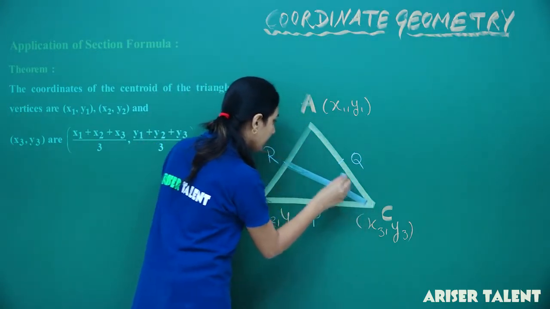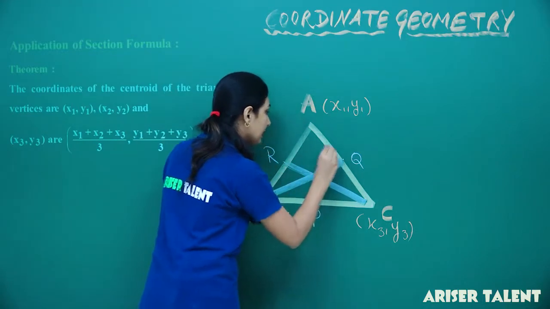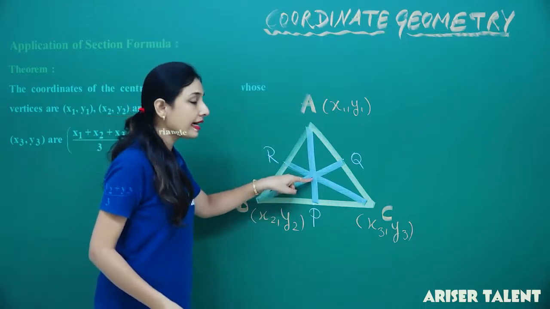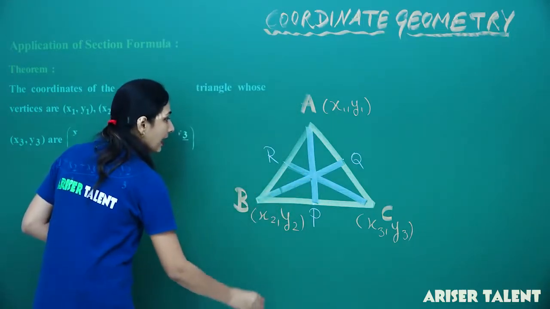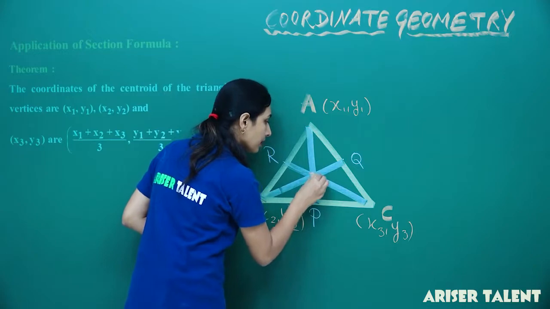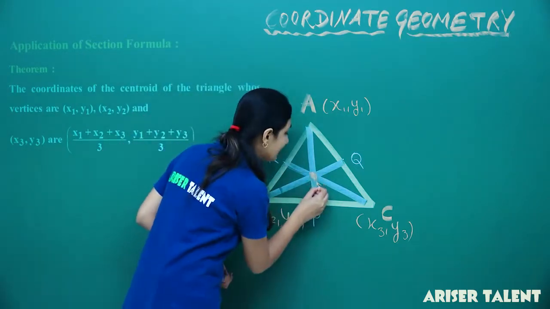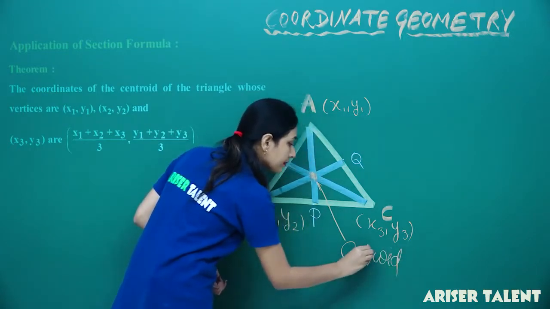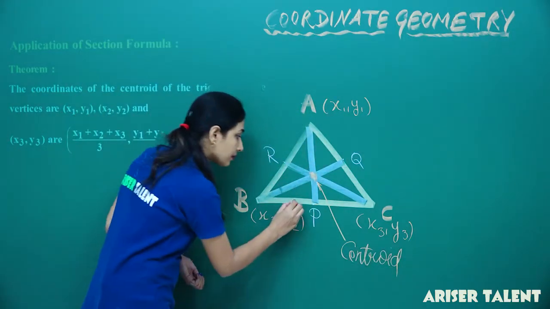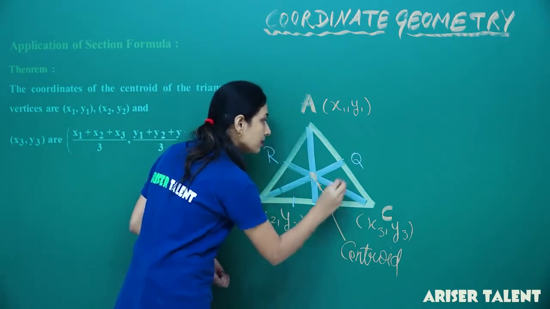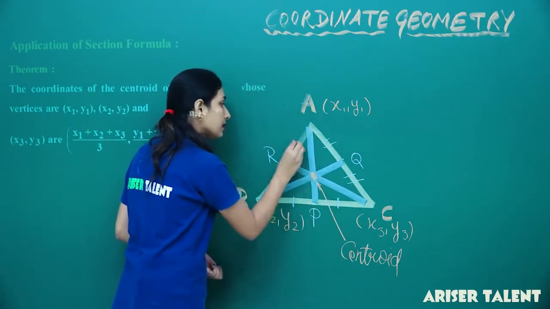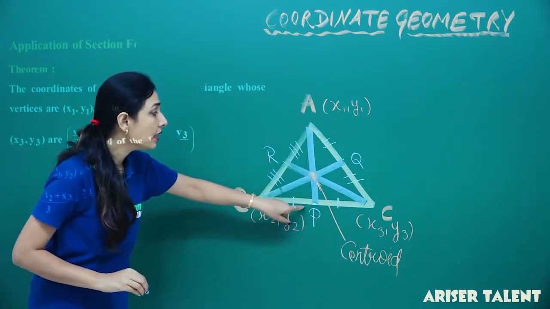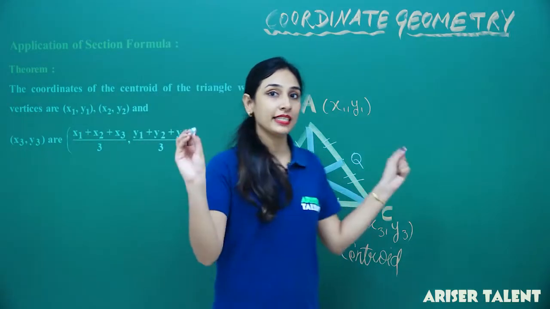These three medians intersect at a single point, and this single point is the centroid, guys. This part equals this part, so these points are the midpoints of the three sides.